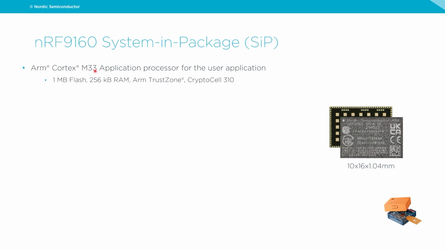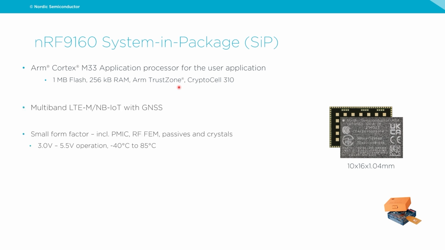And for that application processor, you also have dedicated resources: 1 megabyte of flash, 256 kilobytes of RAM, and it has ARM TrustZone to provide the isolation between the trusted, or the secure, and non-secure processing environments. It's multiband, so the modem supports both LTE-M and NB-IoT, and it has a GNSS as well, including the power management IC and RF front end, passives and crystals. Operation is from 3 to 5.5 volts and minus 40 to 85 degrees Celsius.